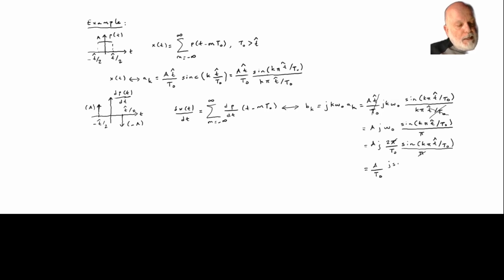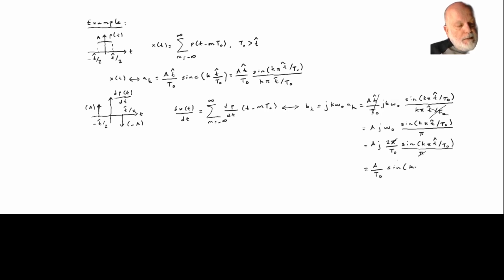j times sine, we have also 2j sine k pi t cap over t0. There is no need to write a denominator now because we have nothing in the denominator.